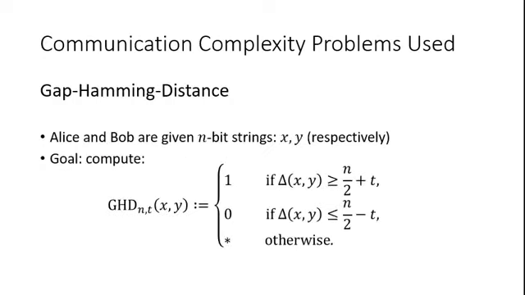Now we also have the gap Hamming distance. In this case, Alice and Bob are given n-bit strings again, x and y.